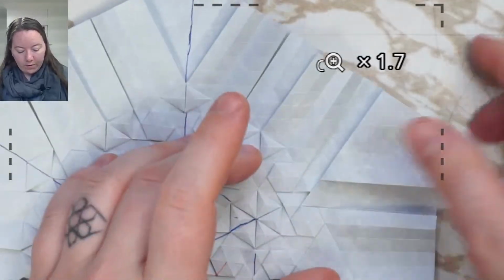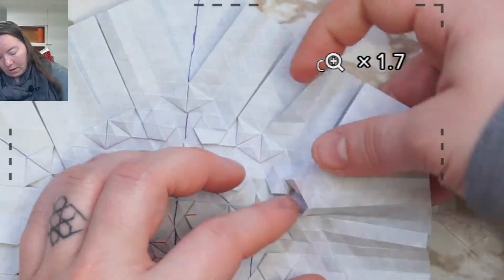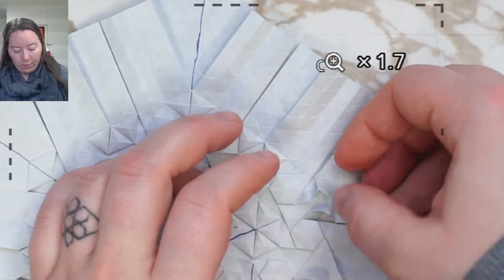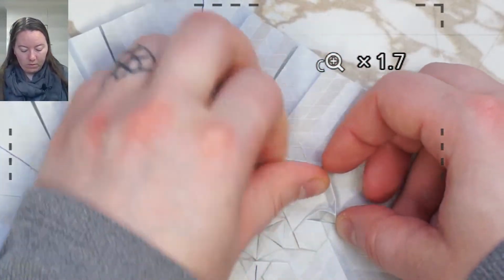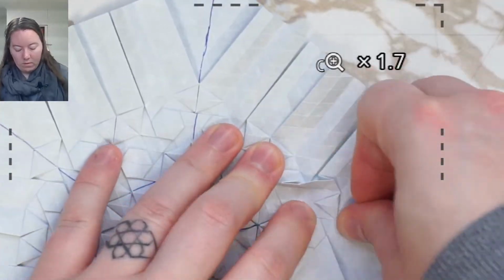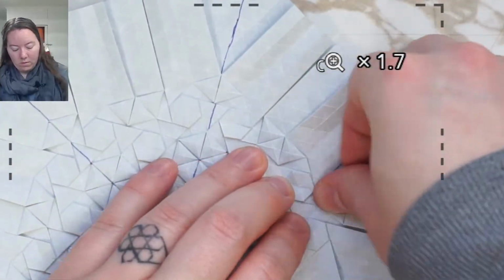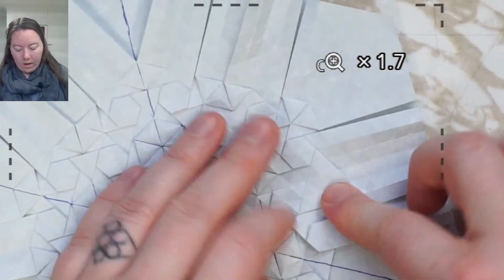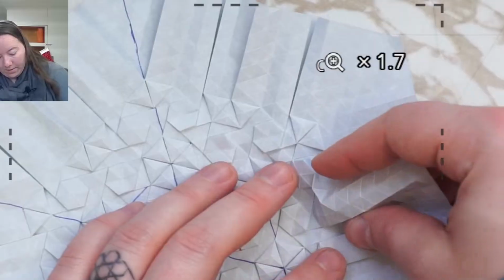So I finish a hexagon, then I go and finish the triangles in the pleat overlap that it left behind. And in this case, the pleat overlap in front of it.